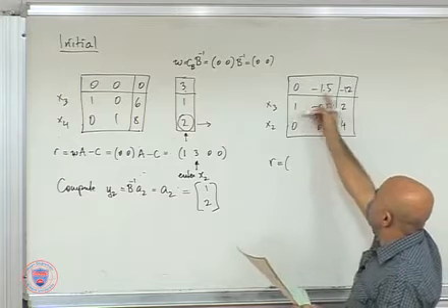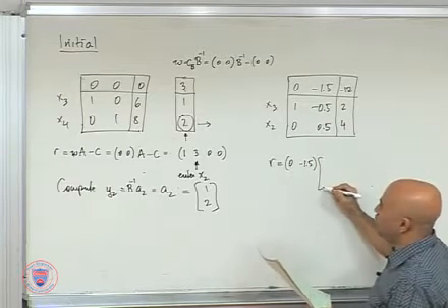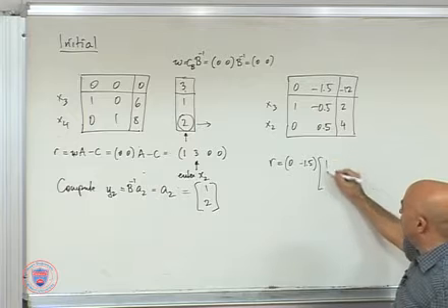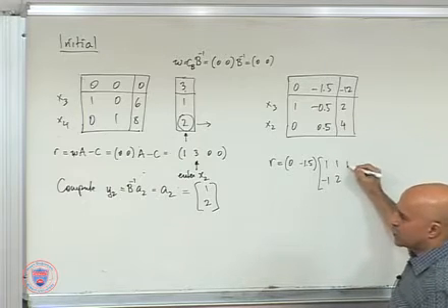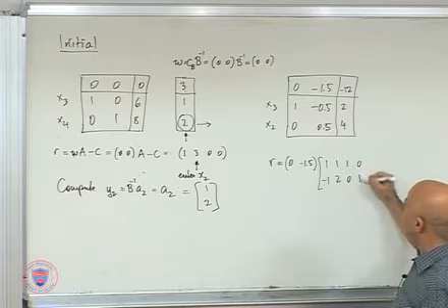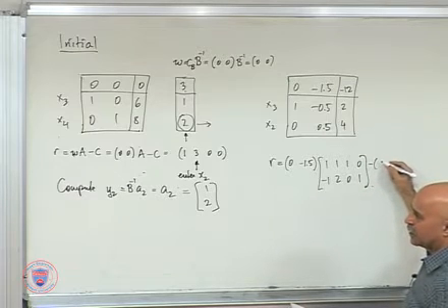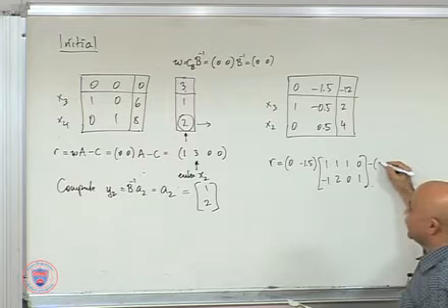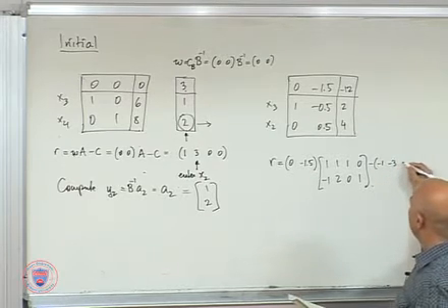In this case, W is 0 minus 1.5 times the A matrix, which happens to be 1, minus 1, 1, 2, 1, 0, 0, 1, minus C vector, which is minus 1, minus 3, 0, 0.